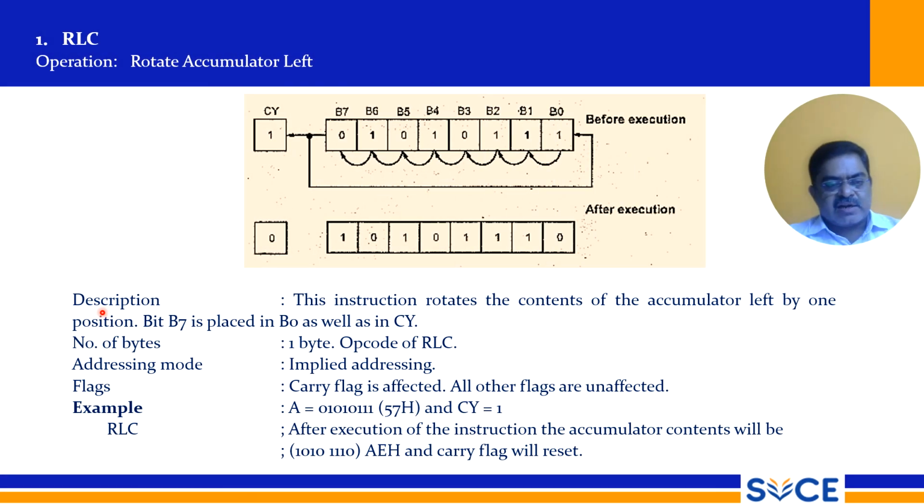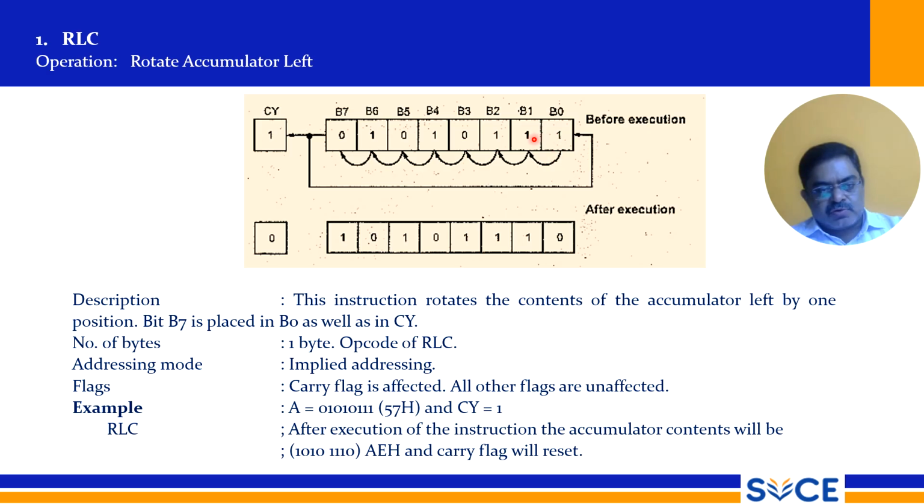So this is the RLC. Here, before execution you have this number, and rotate accumulator left, RLC. So here the contents are rotated: this 0 will go and sit here at B0, B7 will go and sit here.